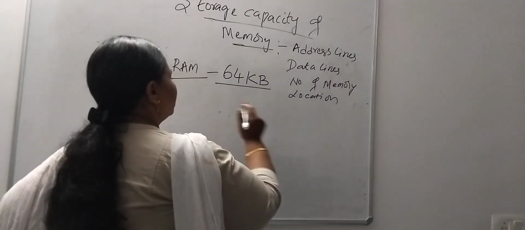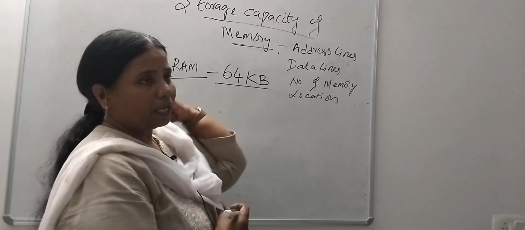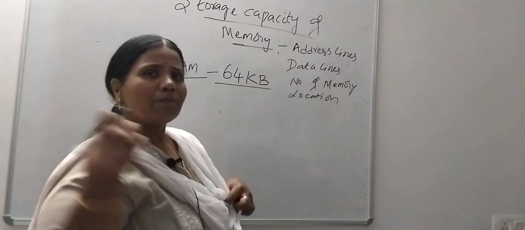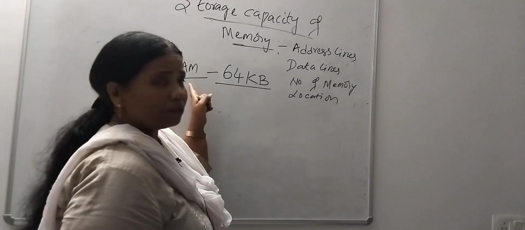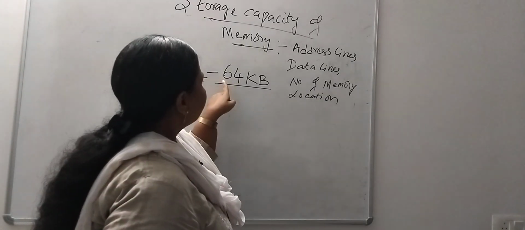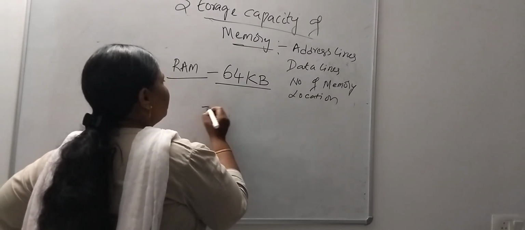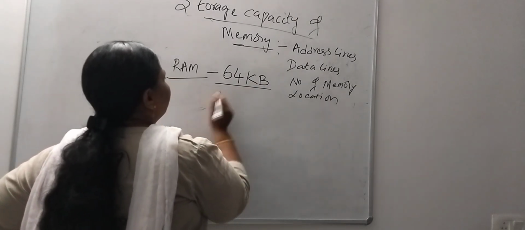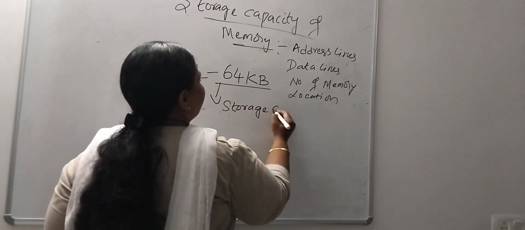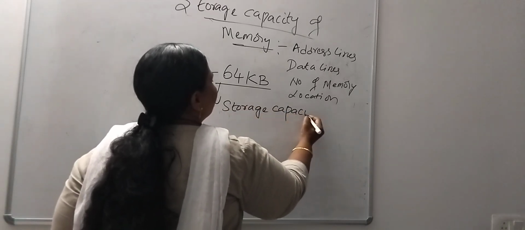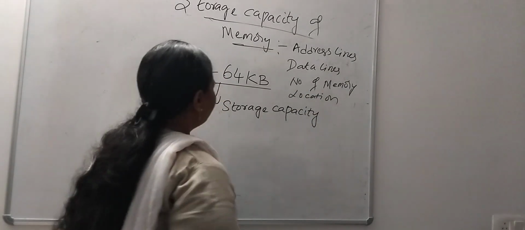Instead of that, I am taking a RAM memory. Even your pen drive can have RAM memory. Whatever 64 KB is there represents the storage capacity, memory capacity, or memory size. Here I am taking the storage capacity.